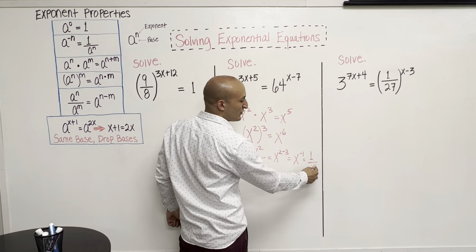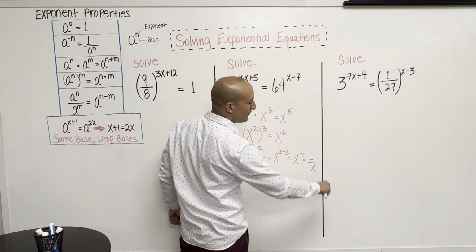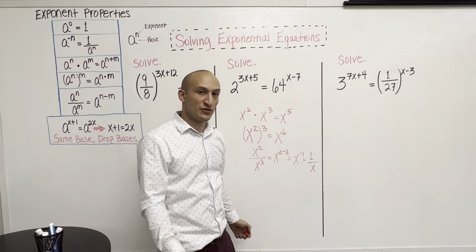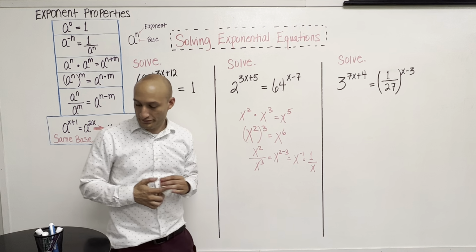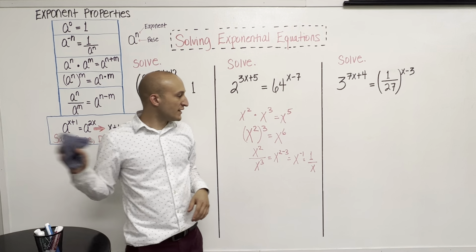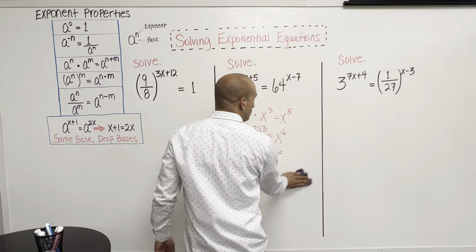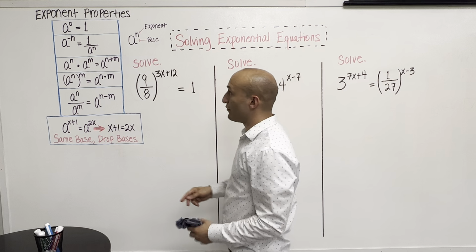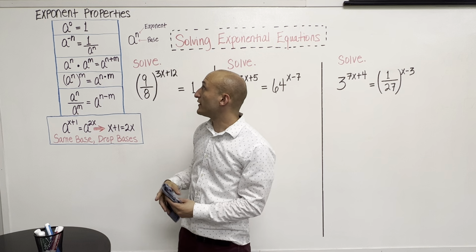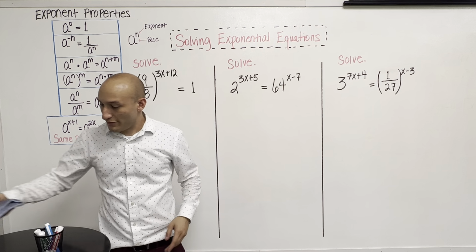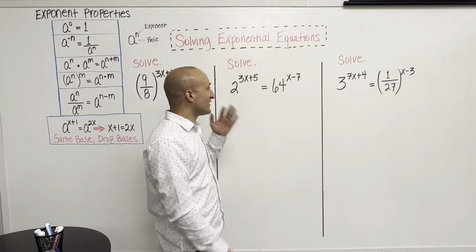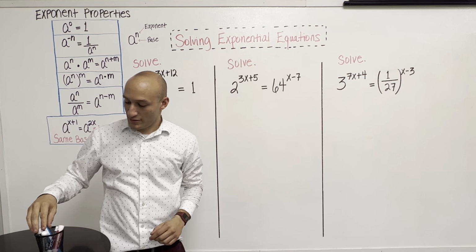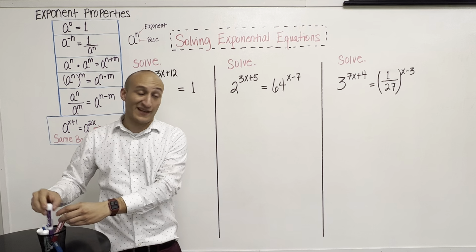Now, to the first power, we don't really need to write. If there's nothing there, it's already assumed that there's a 1 there. Important to know and be very familiar with the exponent properties. If not, this homework is going to be, let's say, annoying.